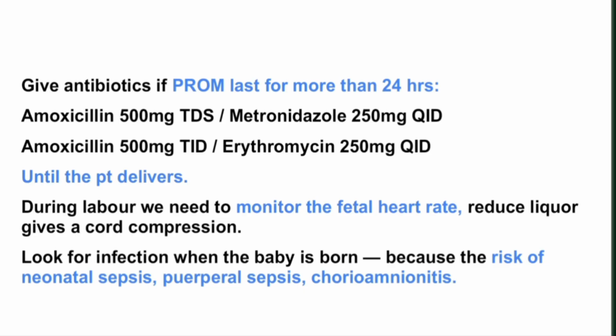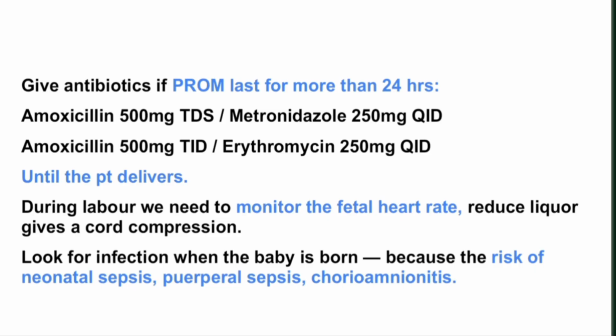Just to basically give a summary of what we've talked about in the management of these patients, we need to manage them according to the gestational age. If they come at 37 weeks and above, we need to look at the timing of the draining: is it greater than 24 hours or less than 24 hours?